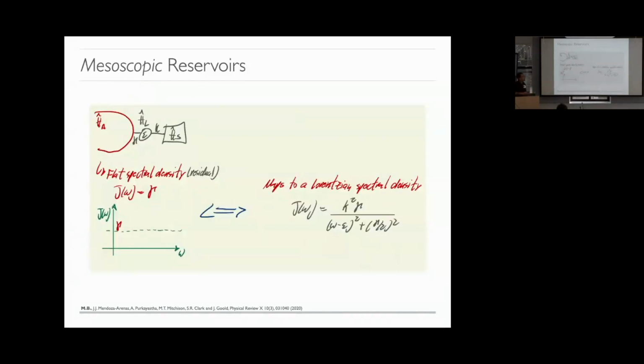Look at what I'm doing at the level of the spectral functions. I hope you understand my handwriting is not the best. If I have a system coupled to a single fermionic mode, and that fermionic mode is coupled to a residual reservoir, for which by construction I impose that this residual bath couples to this mode with a flat spectral function, the effective spectral function that the system will see is a Lorentzian.